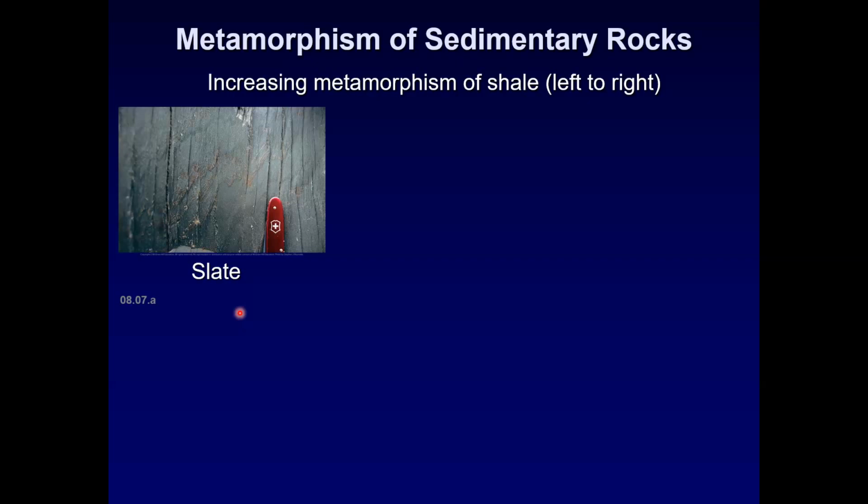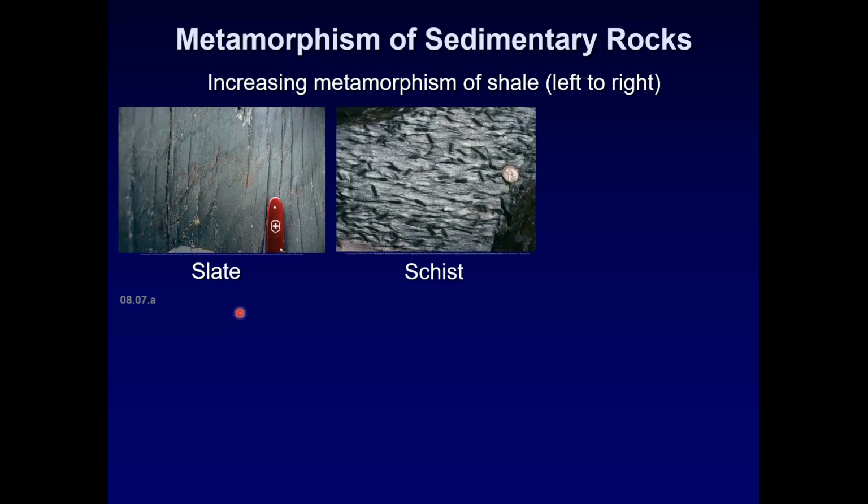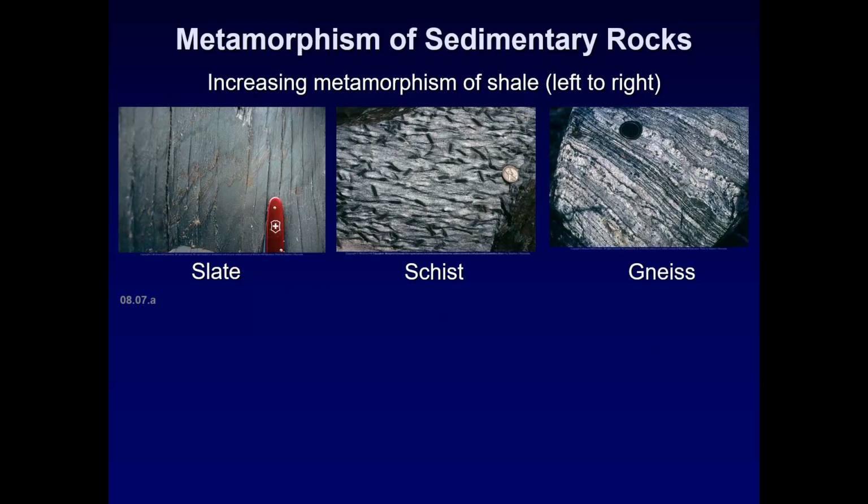I don't know how much it's used for chalkboards anymore, if we even use them, but it used to be used a lot. More metamorphism, higher grades of metamorphism, we get something called schist. So you go from shale to slate to schist. At even higher grades than that, we get gneiss. So it looks quite different from the protolith.